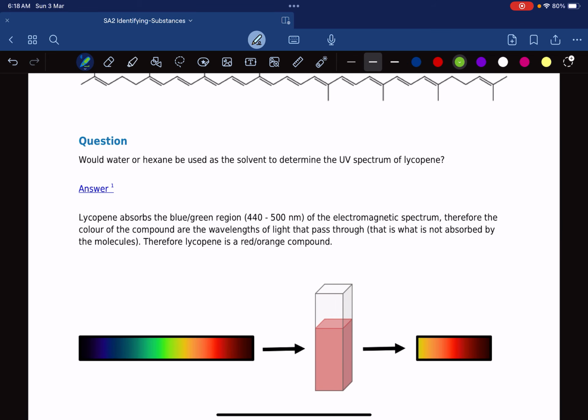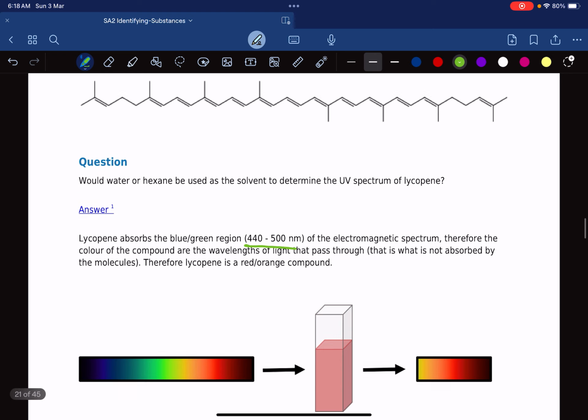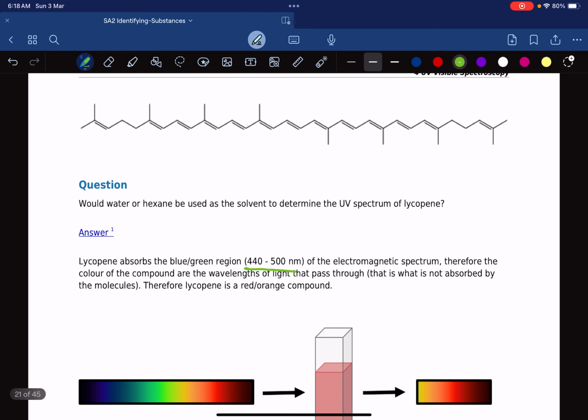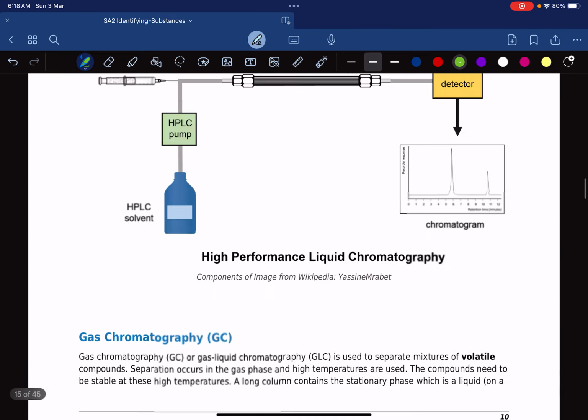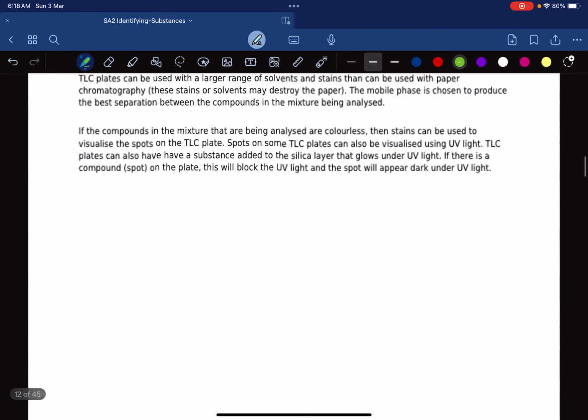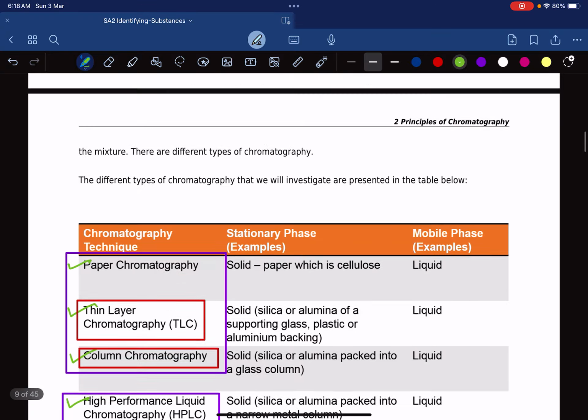All right, so it says here lycopenes absorb in the region of 440 to 500. What color will that be? Okay, so it says lycopenes are usually red orange compounds, so it absorbs at 440. Let's go back to the color wheel. Let's have a look at this. Where's the color wheel?